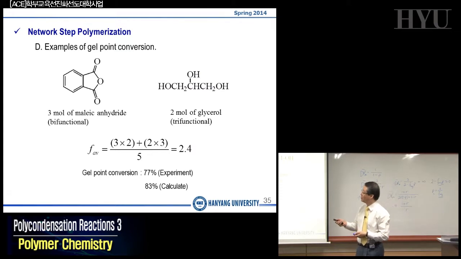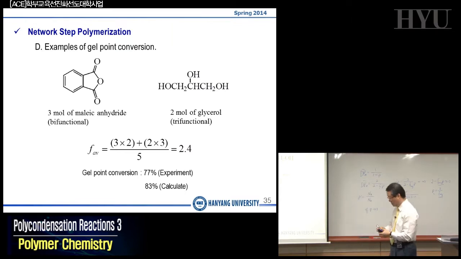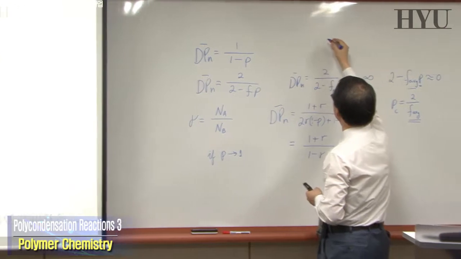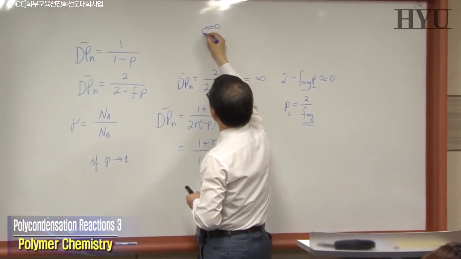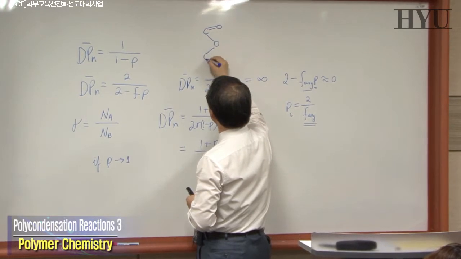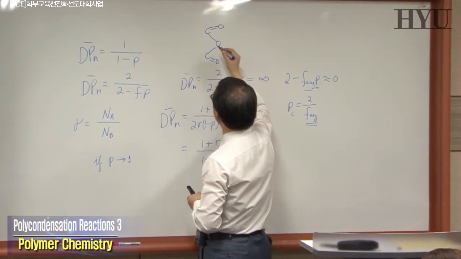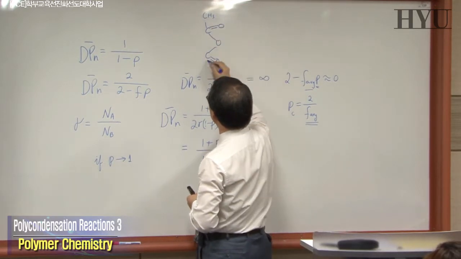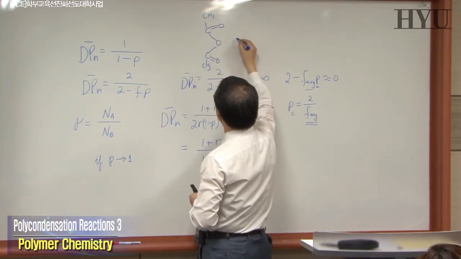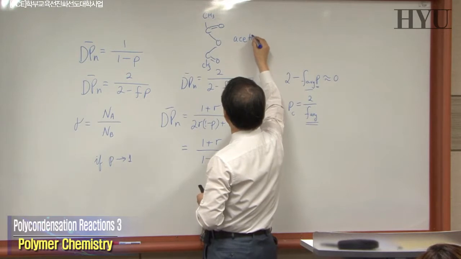If you have 3 moles of maleic anhydride, okay, let's say this is an anhydride. This is called an anhydride. If you have a methyl group here, this is acetic anhydride.